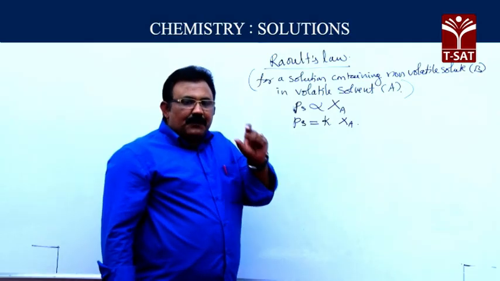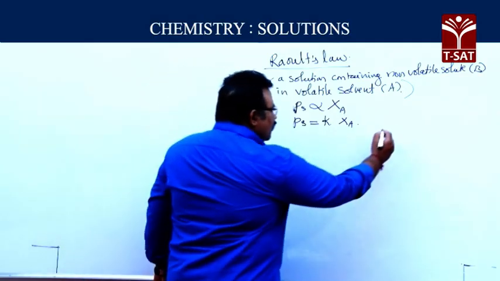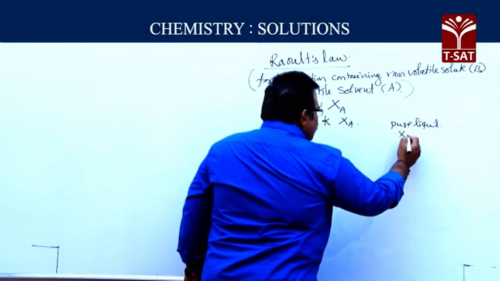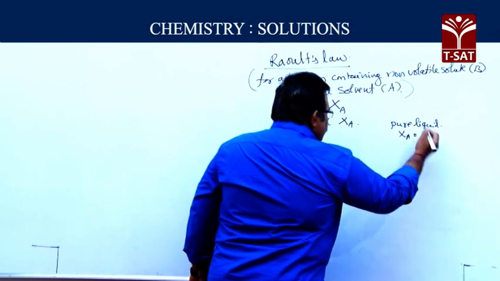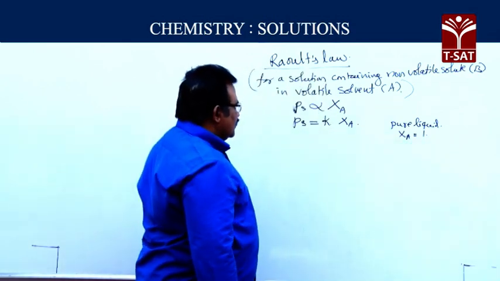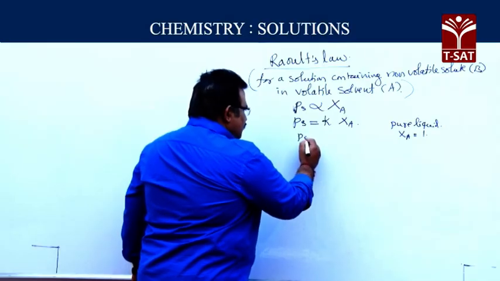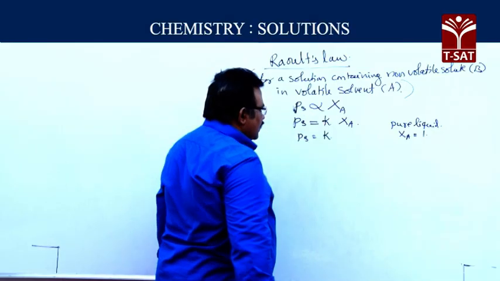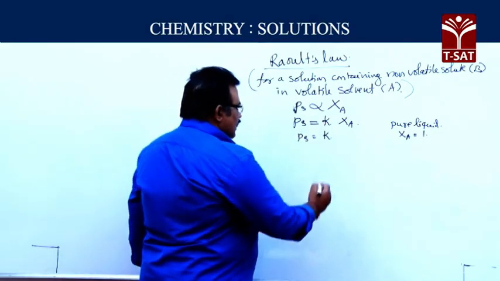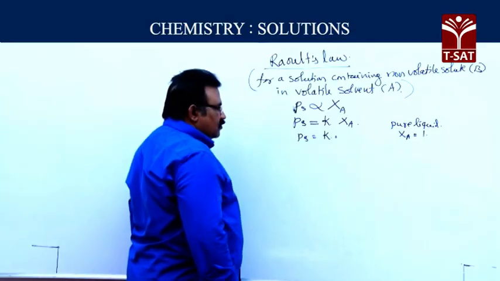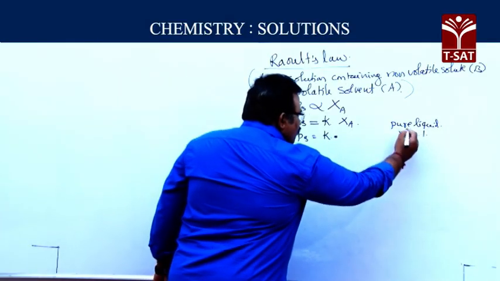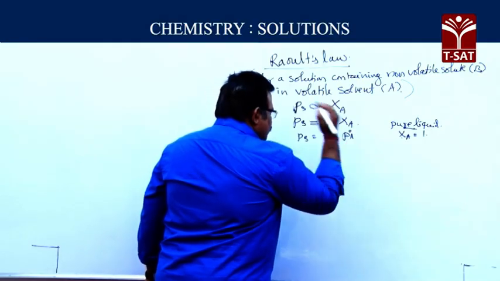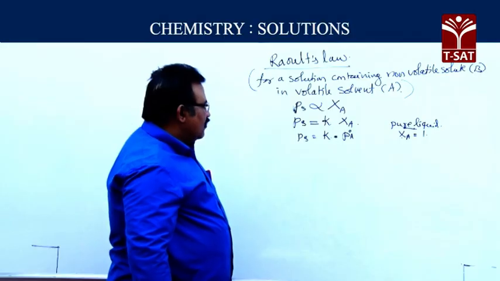Consider if you take a pure liquid, in pure liquid only A is present, so its mole fraction is 1. If XA is 1, then vapor pressure of solution is equal to a constant, that is equal to, since only pure liquid is there, the vapor pressure of pure liquid, taken as P0A.